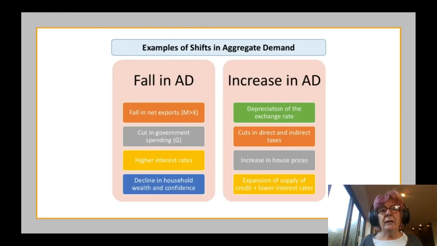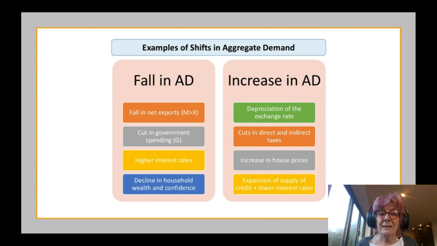So, some of the things that cause those shifts in aggregate demand, and these are mostly opposites of one another. If there's a fall in net exports, and that might be caused, for example, by an increase in the value of our currency. If the pound becomes stronger against other countries, that means it's cheaper for me to buy imports from other countries, so imports will rise.